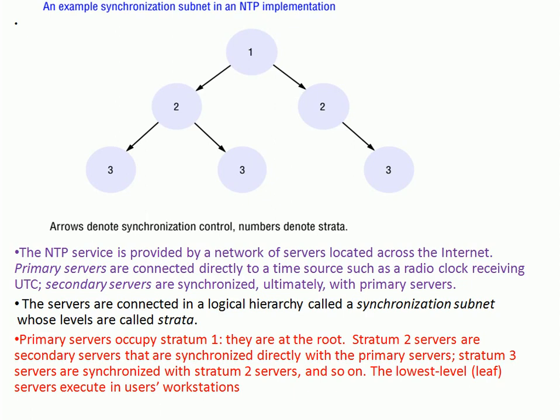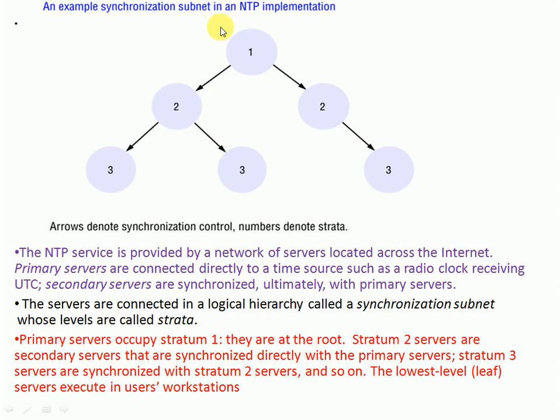The NTP service is provided by a network of servers located across the internet. Primary servers are connected directly to time sources such as a radio clock receiving UTC. Secondary servers are synchronized ultimately with the primary servers. The first server is associated with the UTC, the second server with the first server, the third server with the second server.